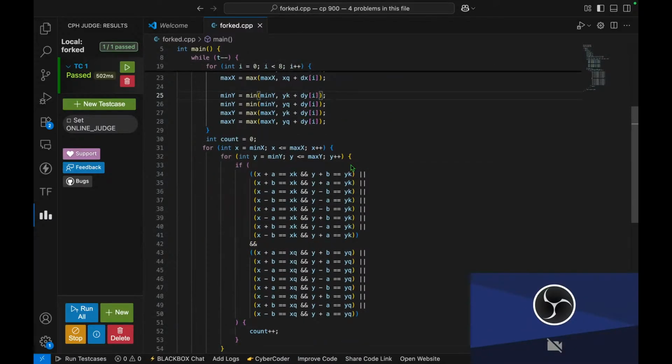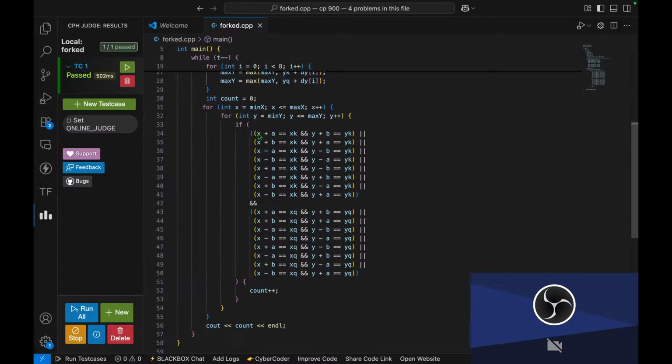Then I started from minimum of x and minimum of y, and check all positions like x plus a, y plus b, x plus a, and y minus b can be minus. It can go up, it can go side, it can go down.